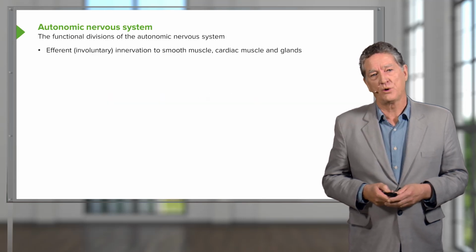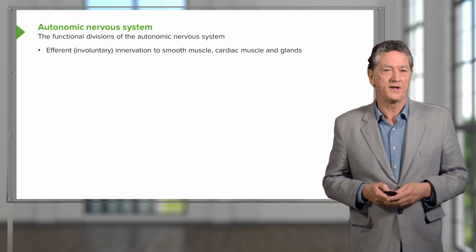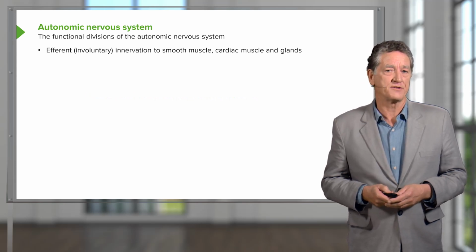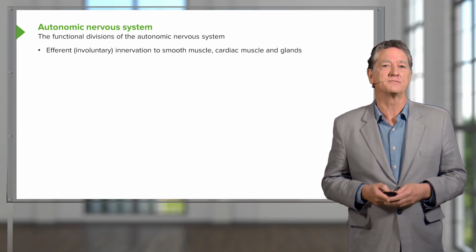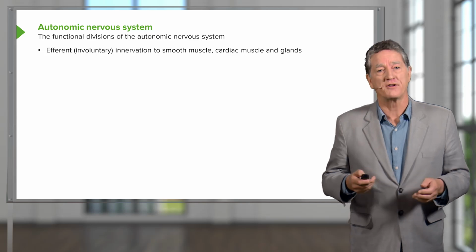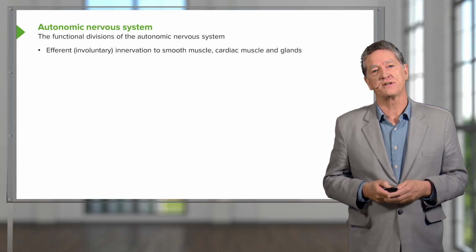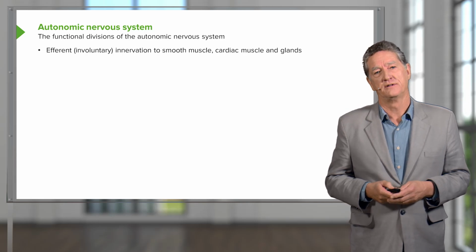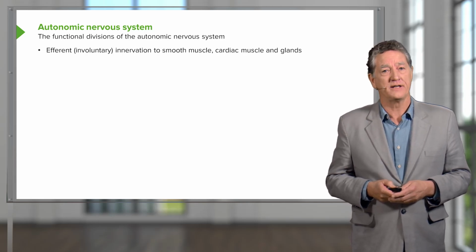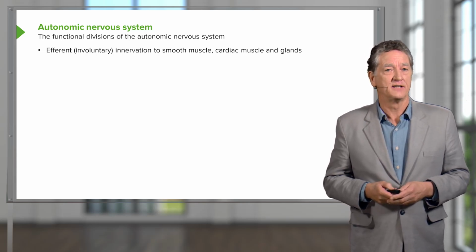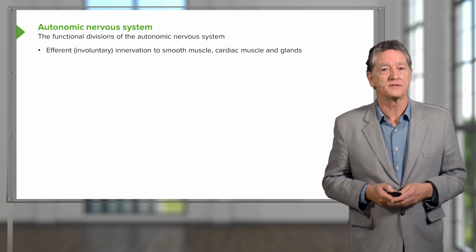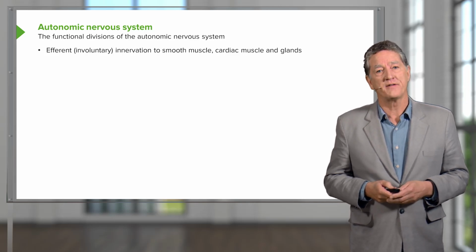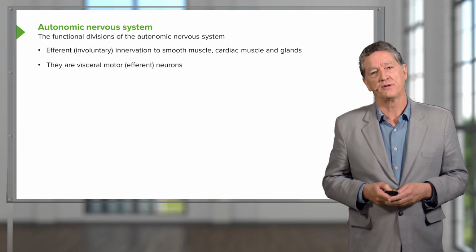Well, just recall that there are a number of functional divisions of the autonomic nervous system. There is the efferent innervation to smooth muscle we're unaware of. Efferent innervation means it's exiting the spinal cord or the brain. They're visceral motor neurons.